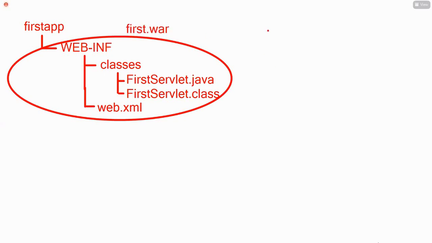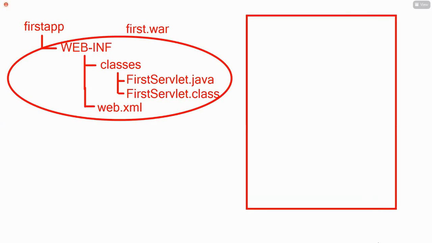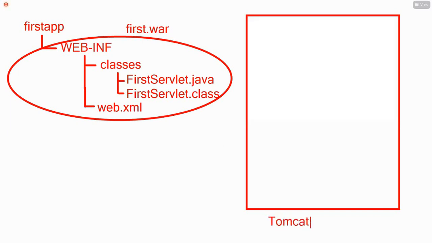After that, we deploy it on the Tomcat web server. Whenever you deploy, this file is automatically extracted.